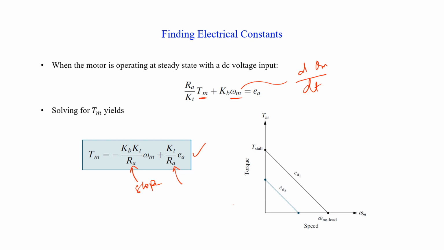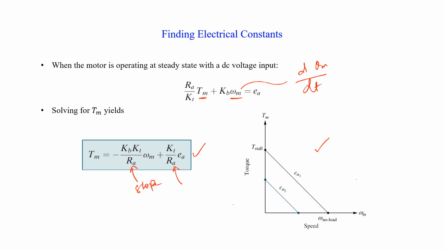For different values of Ea, we will have different lines, and we can draw them together on a plot called the torque speed curve. On this particular torque speed curve, we have drawn two different lines for the two values of applied voltage Ea1 and Ea2. Similarly, we can have more of these lines on this curve.